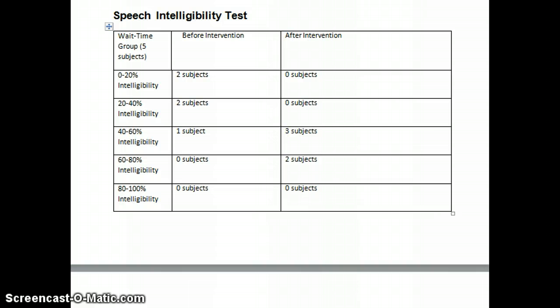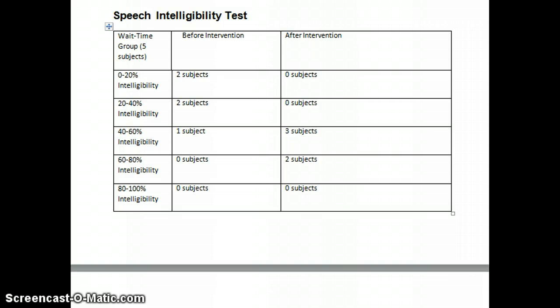And you also see that after intervention that changes. After treatment, there are 0 subjects in the 0 to 20% range, as well as the 20 to 40% range. And there are now 3 subjects in the 40 to 60% range and 2 subjects in the 60 to 80% range for the wait time group.